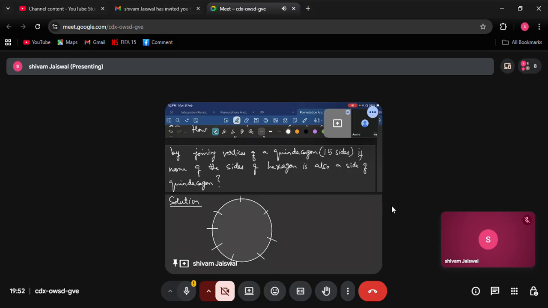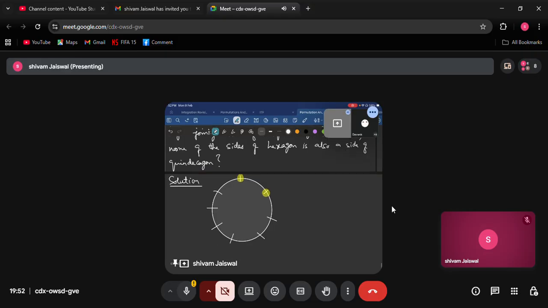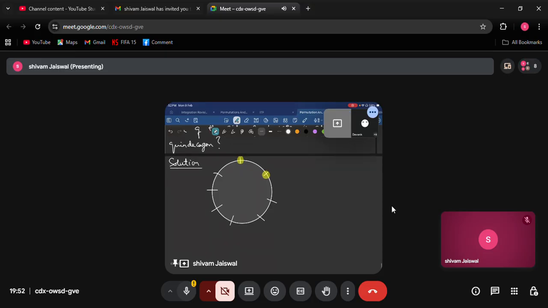Exactly. When you select these two vertices, consecutive vertices, right? Tell me, Devansh and Anandit. Yes, sir. So that means we need to select the vertices from the gaps. Okay. So tell me, number of gaps in linear will be how much?